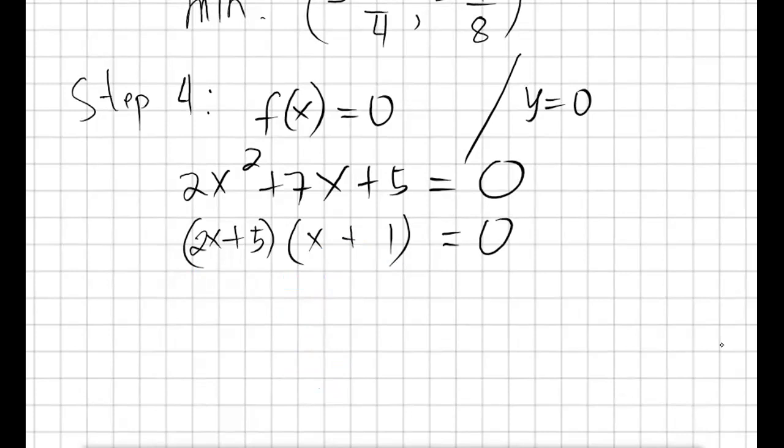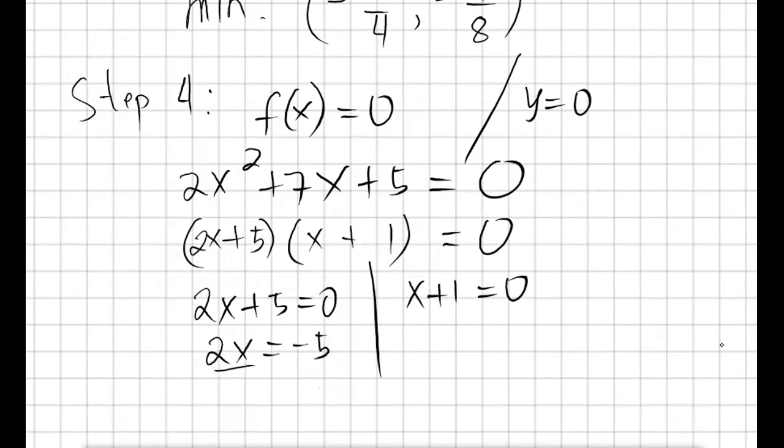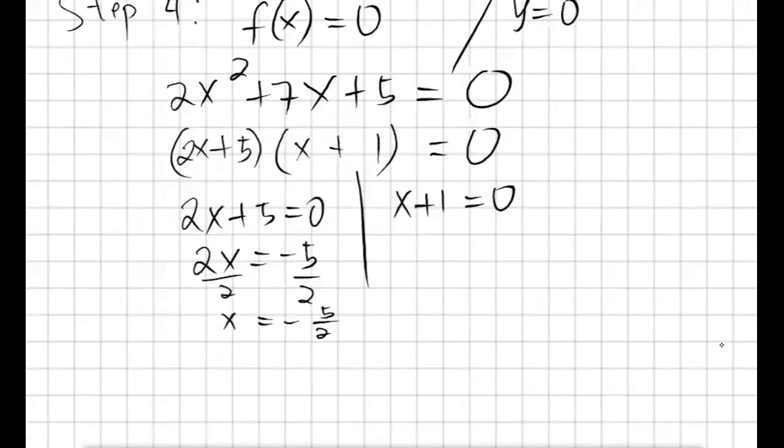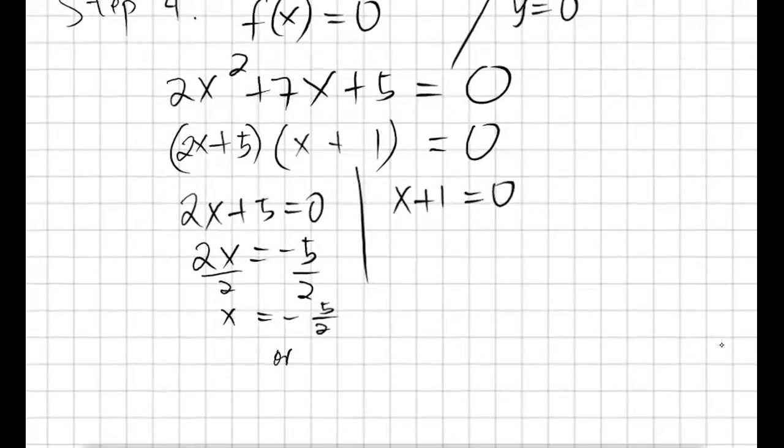Therefore 2x plus 5 is equal to 0 and x plus 1 is equal to 0. So this means 2x is equal to negative 5. Divide both sides by 2. x is equal to negative 5 over 2, or negative 2.5. Okay, and the other value of x is equal to negative 1.